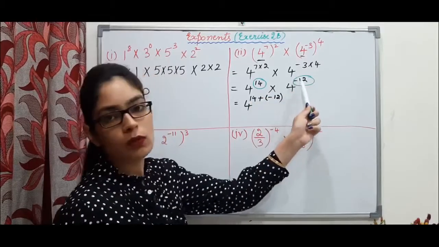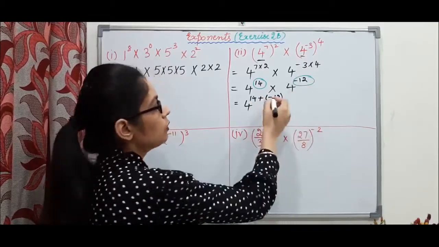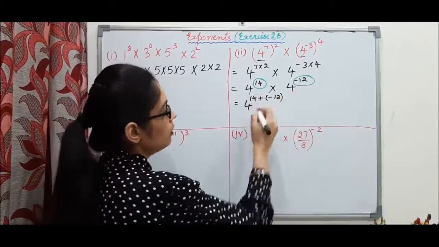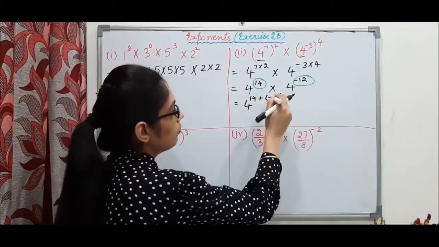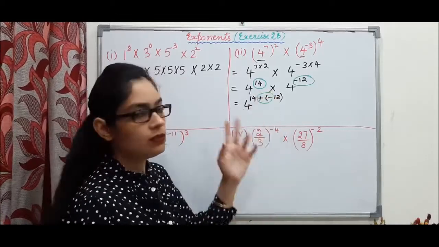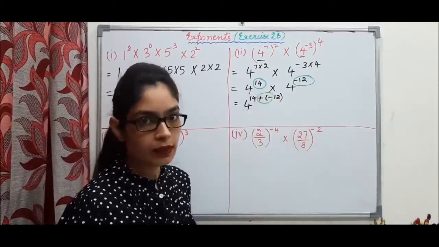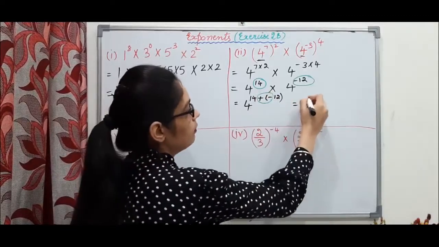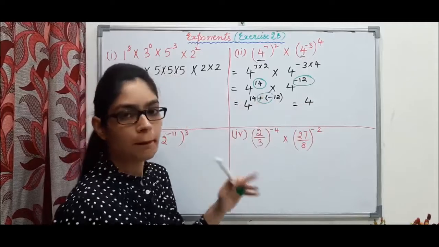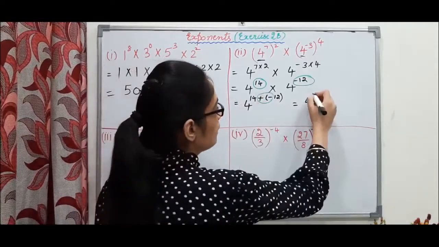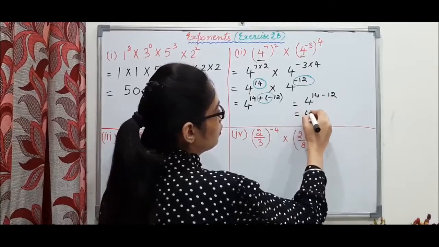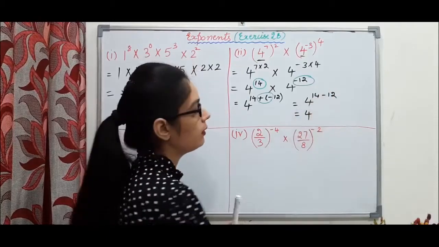See here, don't ignore this minus sign with 12. Whenever two signs are together, the first step is to make them a single sign, then we can proceed further. So plus minus is minus: 14 minus 12, it is 2.